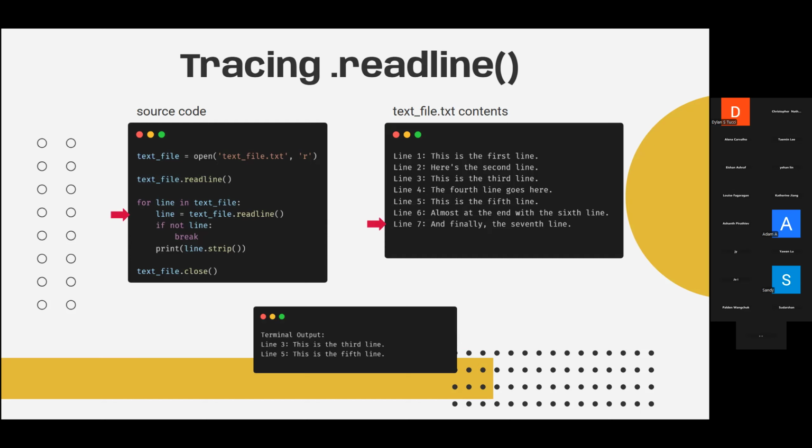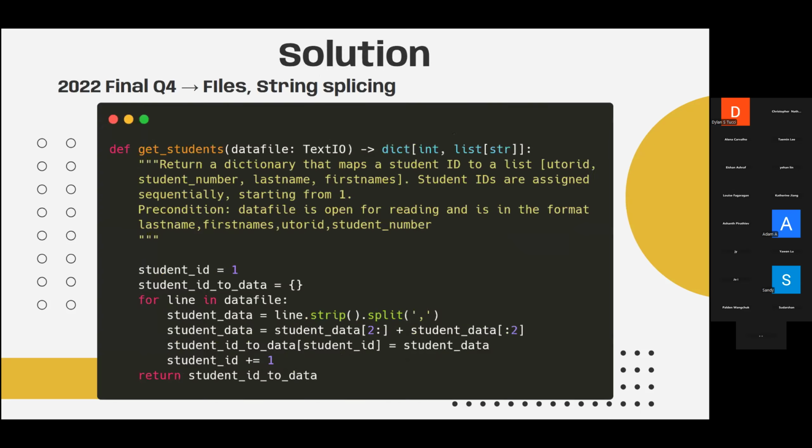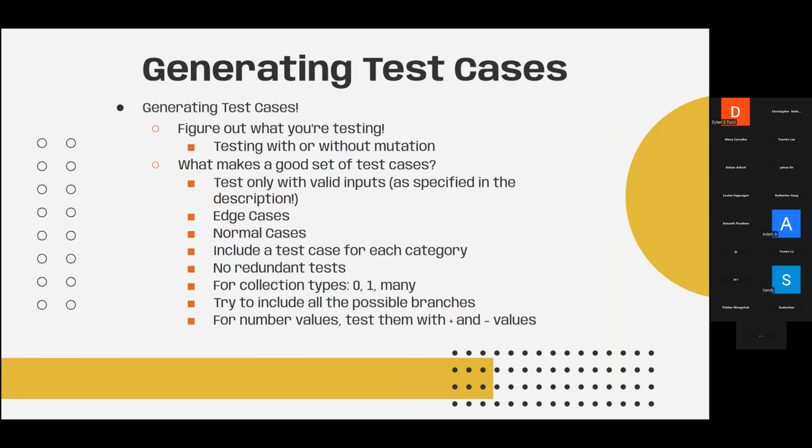Let's go on to generating test cases. For generating test cases, we need to first figure out what we're testing. Are we testing with or without mutation? This is especially important for lists because we need to make sure whether we are returning a new list or changing the original list.